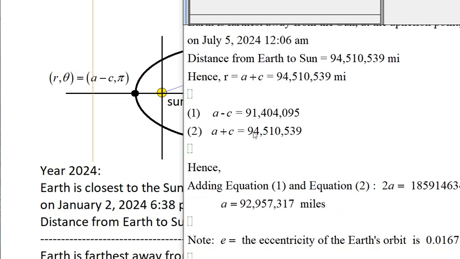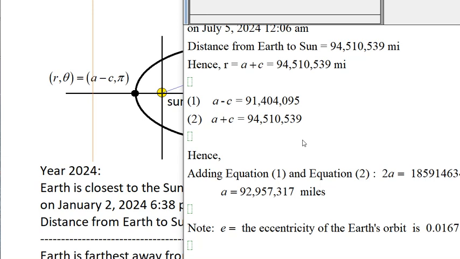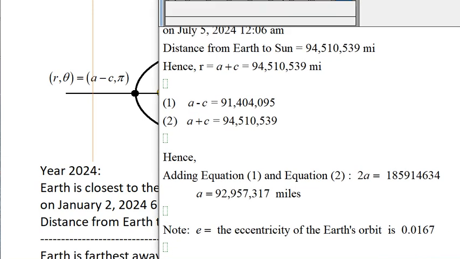So here are the two equations. Add these two equations together. A plus A is 2A. Negative C plus C is 0. And so we get 2A is equal to 185,914,634.